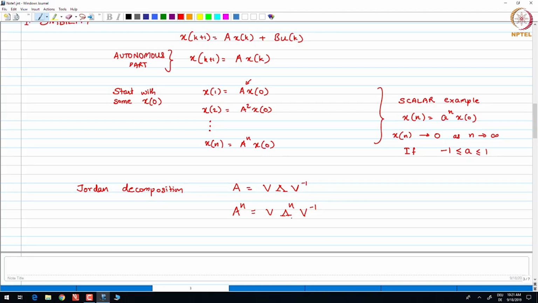And again, if you have lambda to the power n, it is simply lambda 1 to the power n, lambda 2 to the power n, and so on up to lambda n.